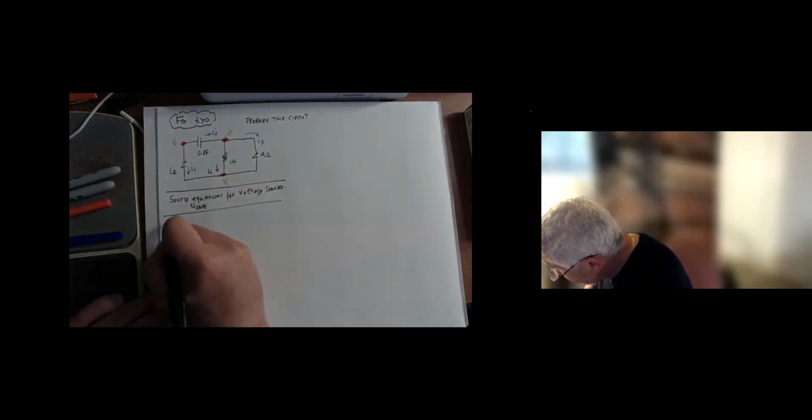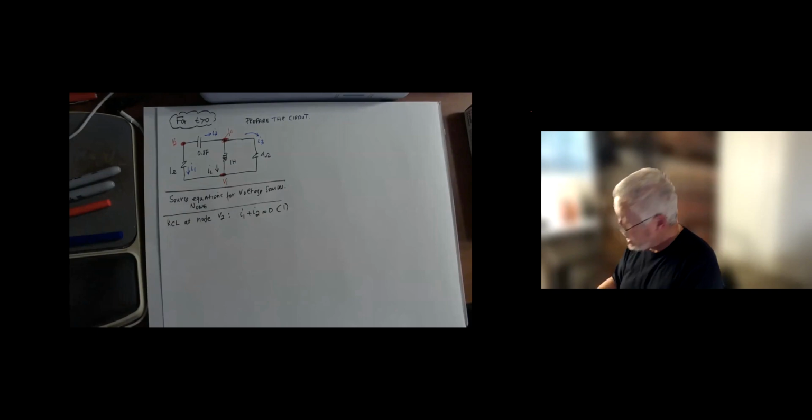So I'm going to first do a KCL at node V2. What does it give me? I1 plus I2 equals 0. So that's my equation 1, KCL. And then I do KCL at node V1.